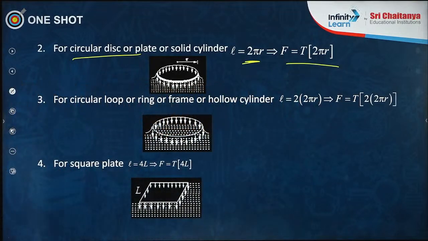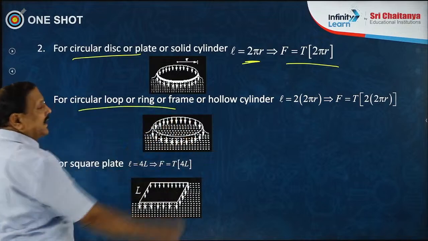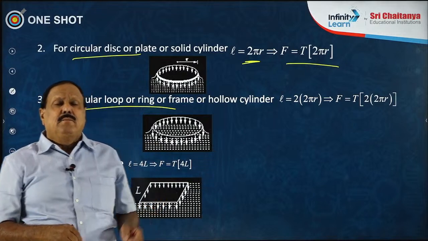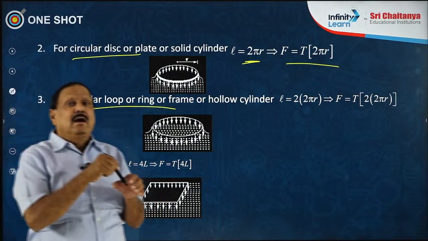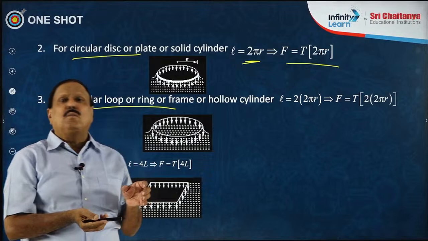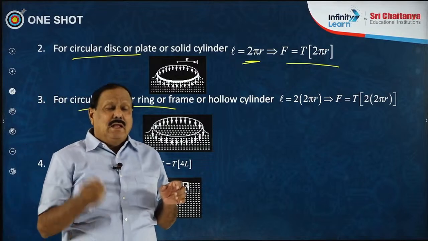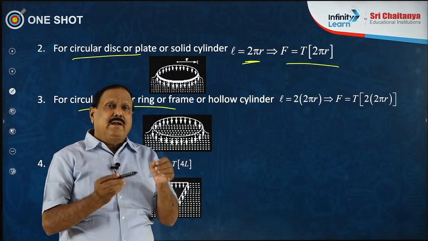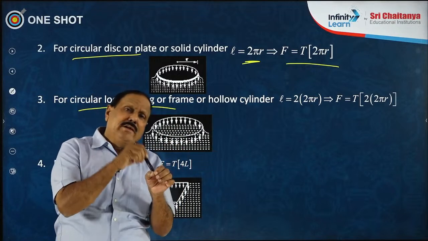Instead of a circular disc, if it is a circular loop or ring, imagine a ring floating on the liquid. Because it is a ring, hollow inside with no material, the liquid, when the ring is floating, touches the ring both outside and also inside.